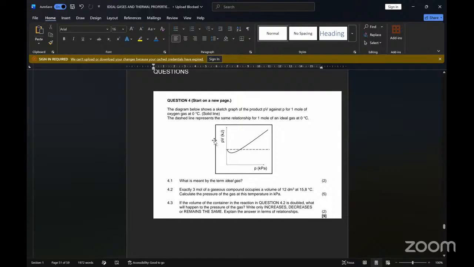This is the solid line. The dashed line represents what we call the ideal gas situation.